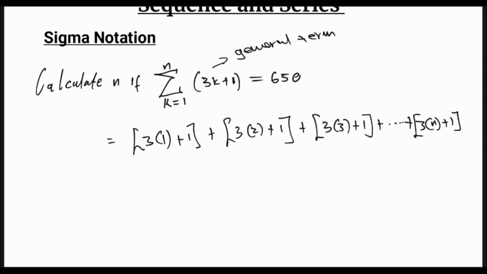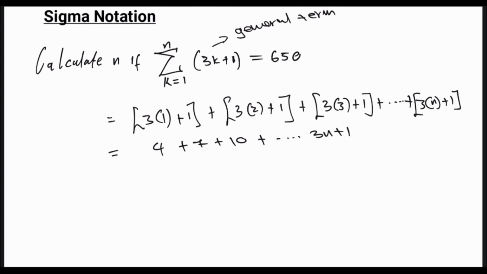All right, so now what we need to do here is find our exact values. So that's 3 times 1, that's a 3 plus 1, that's a 4, plus 3 times 2, that's a 6 plus 1, that's a 7, plus 3 times 3, that's a 9 plus 1, that's a 10, plus, up to 3n plus 1. Right.